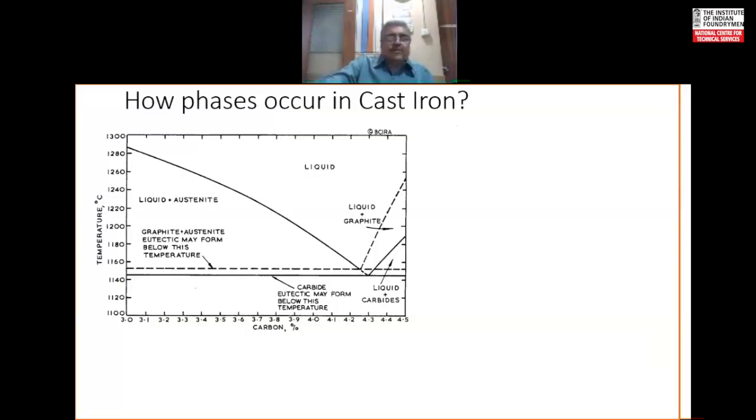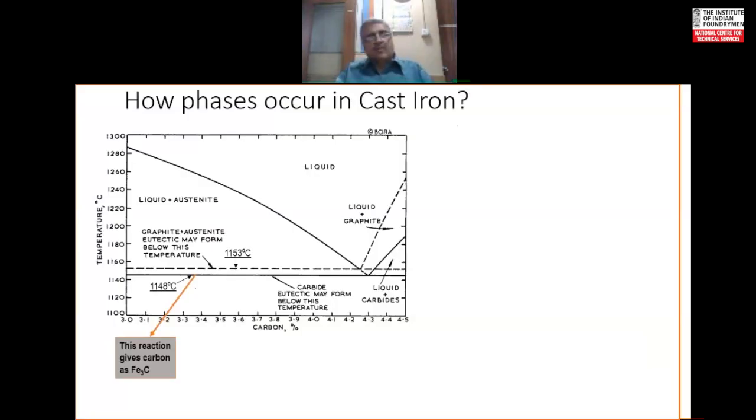You can see the liquid, and the graphite eutectic line and cementite eutectic line are shown. At 1153 degrees centigrade, you have your graphite eutectic line. At 1148 degrees centigrade, you have your cementite eutectic line.